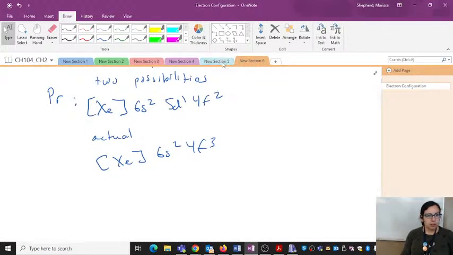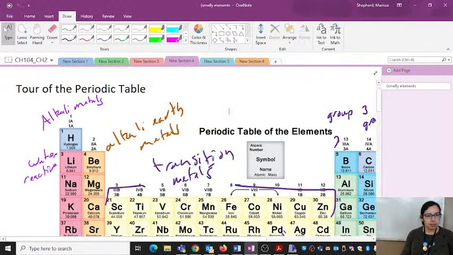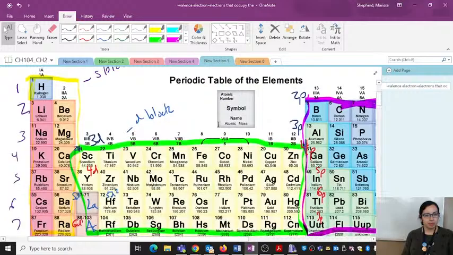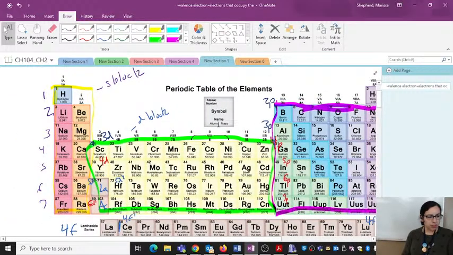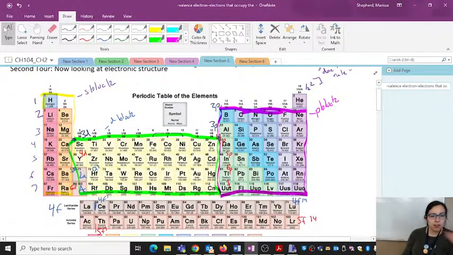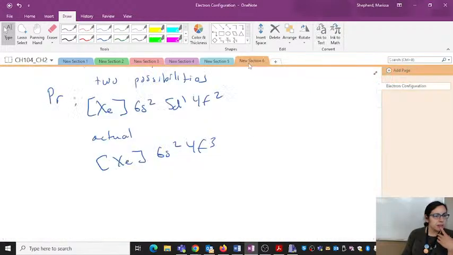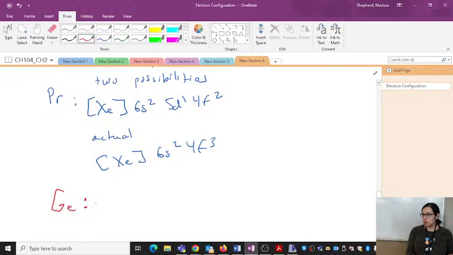Let's do a practice. Let's see, which element do I want to do? See if you can do the electron configuration for germanium. Take a minute or two, give everyone a chance to do it, looking in the chat too for answers.